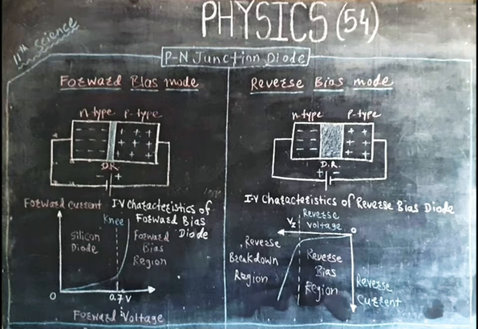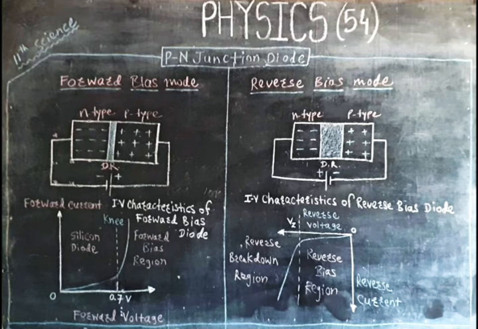In case of forward bias mode, the barrier potential, or we can say the width of the depletion region, is reduced. There is a reduction in the barrier potential for forward bias mode, while in reverse bias mode, the barrier potential is increased.